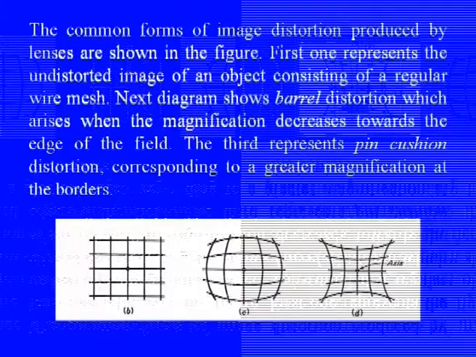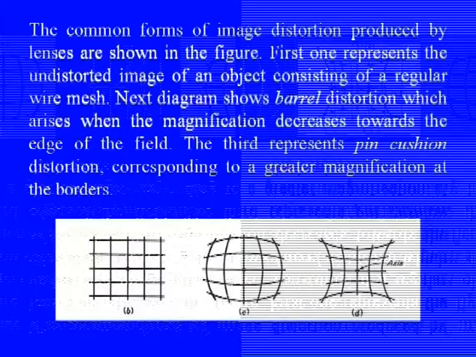Common forms of image distortion in an actual lens system are shown in the figure here. First one represents the undistorted image of an object consisting of a regular wire mesh. The next diagram shows the barrel distortion. This arises when the magnification decreases towards the edge of the field.